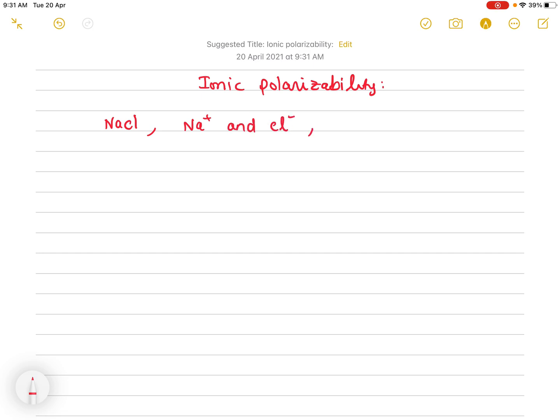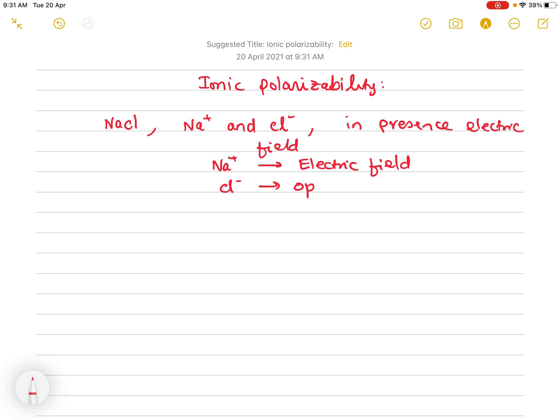In the presence of an electric field, all the sodium ions tend to move in the direction of the electric field, and the chloride ions move in the opposite direction. As a result, there is an induced dipole moment in the ionic crystal.